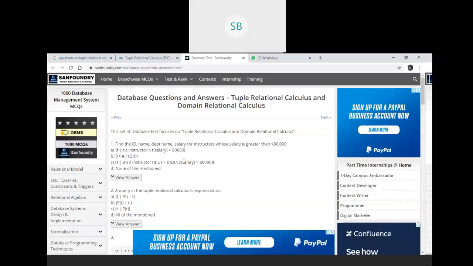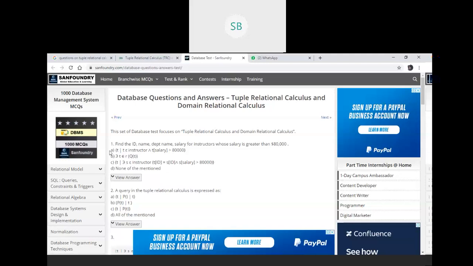Are you able to view the screen now? See, find the ID, name, department name, salary for instructor. In this case, they have not separated the attributes. They have taken a single variable t to represent the attributes. That is why you cannot see ID, name, department separately.